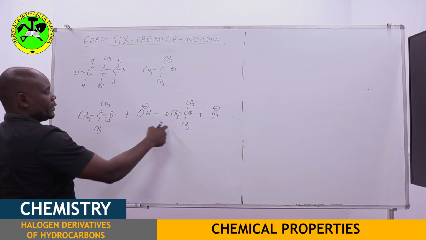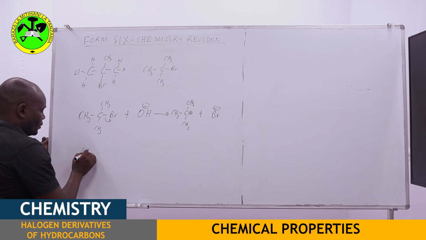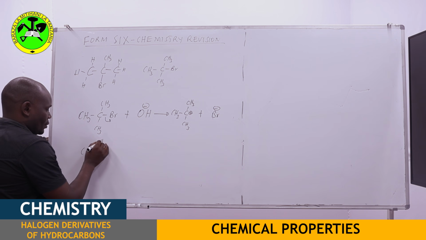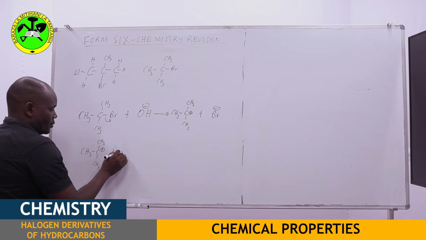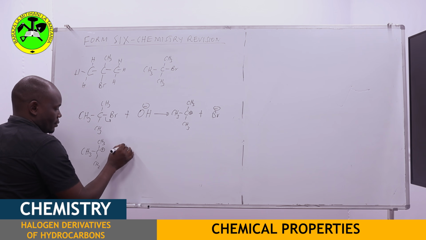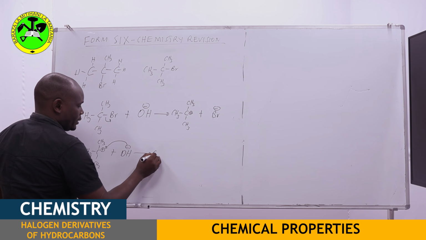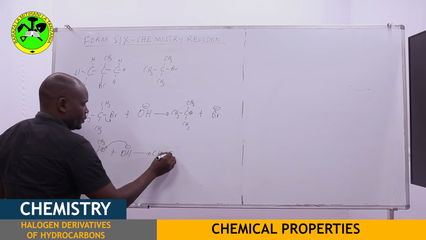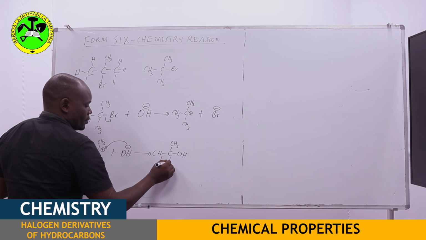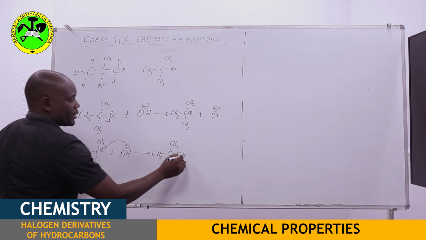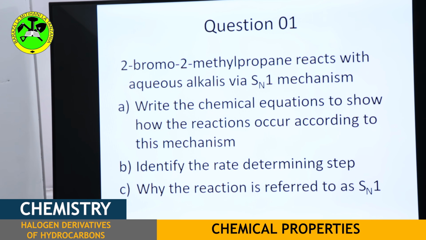In the second step, the nucleophile will attack the positively charged carbon, ending up with the product, which is the alcohol. So this is the mechanism that we have been asked to write.